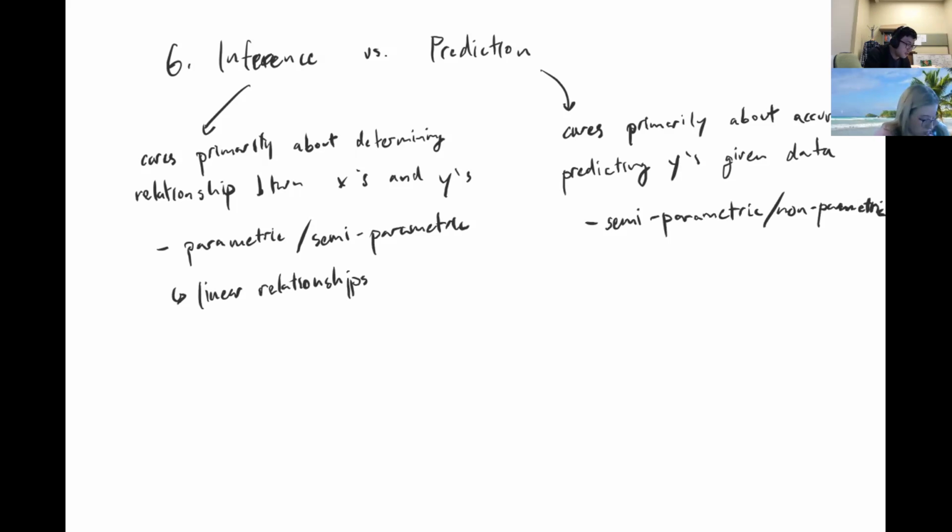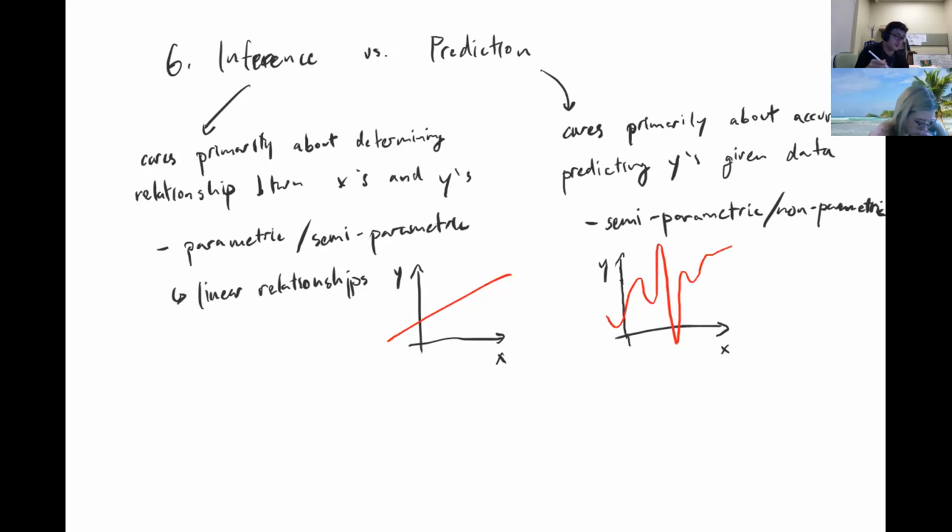So this would be something like having a model fit like that, which I can describe with a single number, versus having a fit that might look like that, which would be a lot more difficult to relate in a straightforward way.